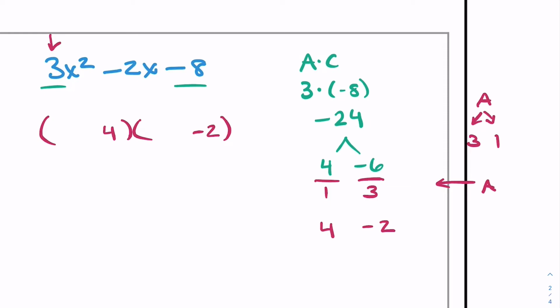But the only way to get negative 2 is to have 3 multiply it to get the negative 6. So that puts 3 on this side, right? Because 3 times negative 2 is negative 6, and then 4 times 1x is going to be the positive 4 that we want.